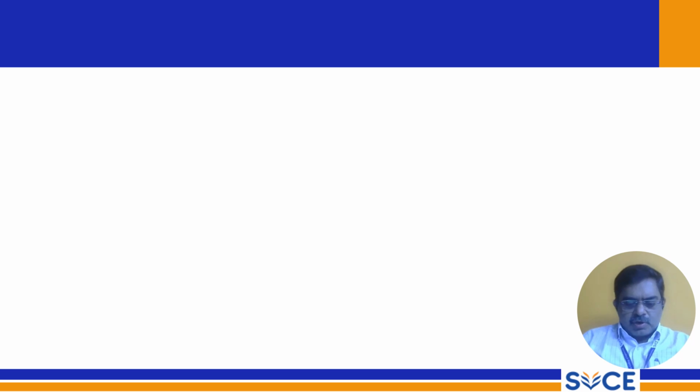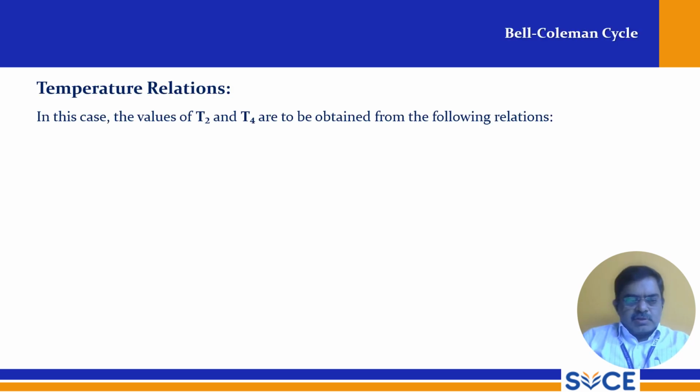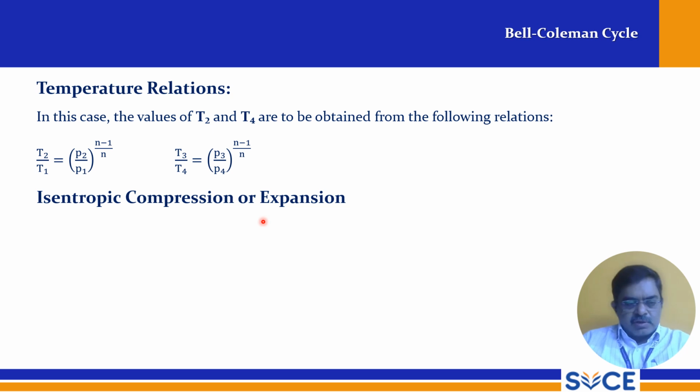Coming to temperature relations, in this case the values T2 and T4 are to be obtained from the following equations. T2 divided by T1 equals (P2 by P1) to the power n minus 1 by n, and T3 by T4 equals (P3 by P4) to the power n minus 1 by n.